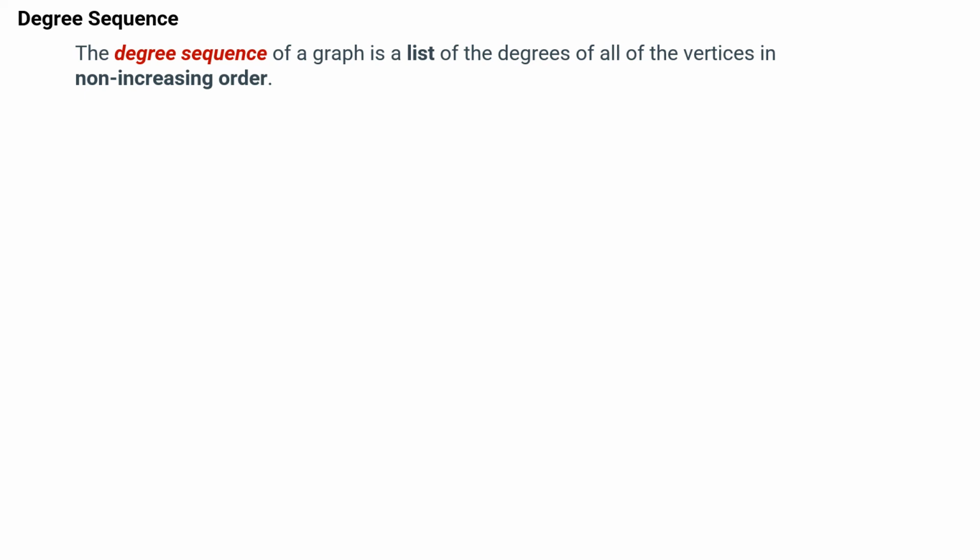A degree sequence of a graph is a list of the degrees of all of the vertices in non-increasing order. So you take all the vertices, find their degrees, and list them in non-increasing order. That means you're never going to get bigger as you go through the list. You start with the highest degree and go down.